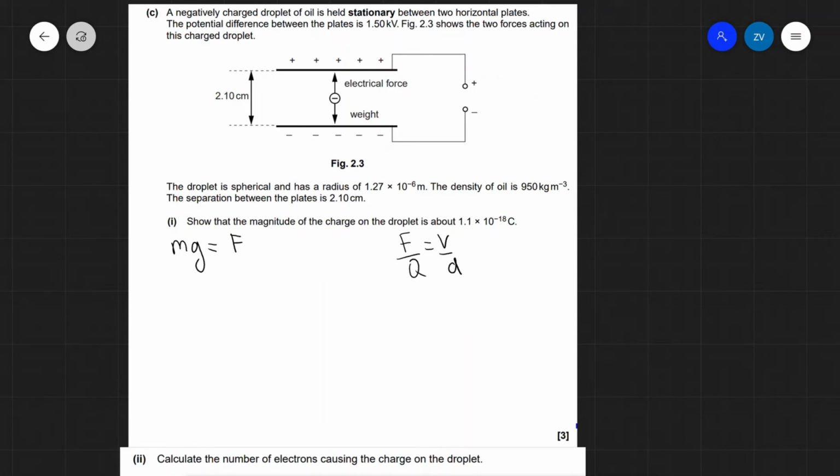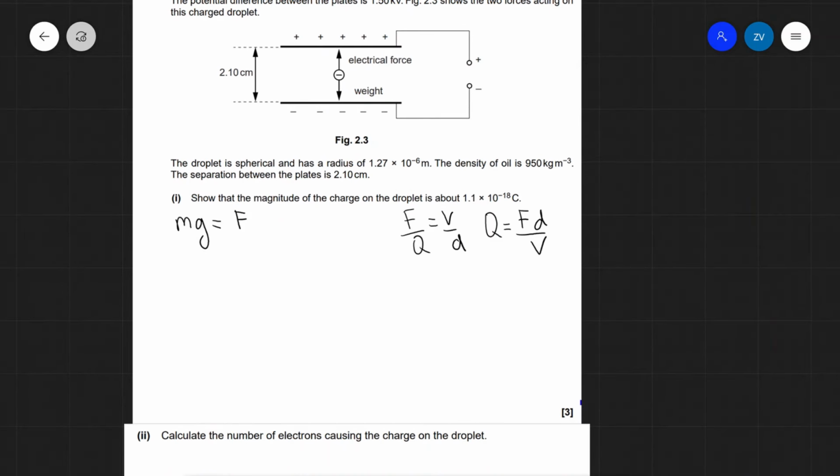The idea here is that mg will give us the force, and once we have the force, we can figure out the charge using the fact that Q will be equal to F times D divided by the potential difference. Okay, let's start off by figuring out the force first of all.